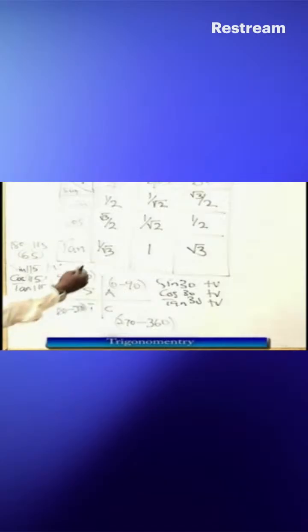Alright? When you move from there, you move to the 3rd quadrant. The 3rd quadrant is the quadrant of reflex angles, more than 180 but less than 360. Then you have that only tan is positive. Let's say, for instance, you have sine 200, cos 200, and tan 200.